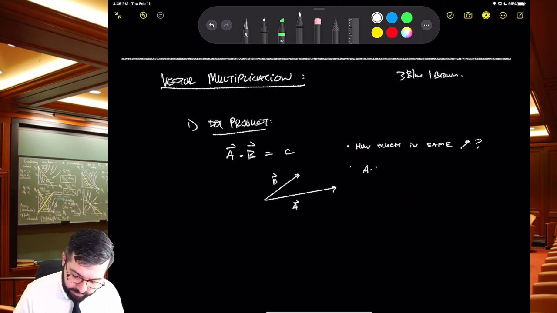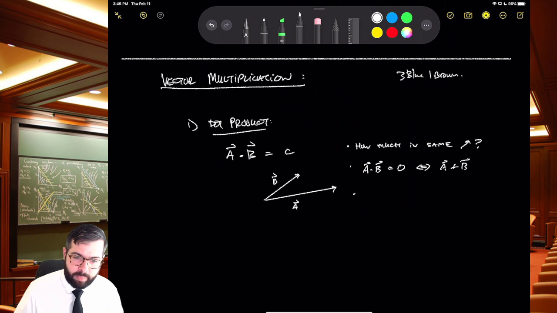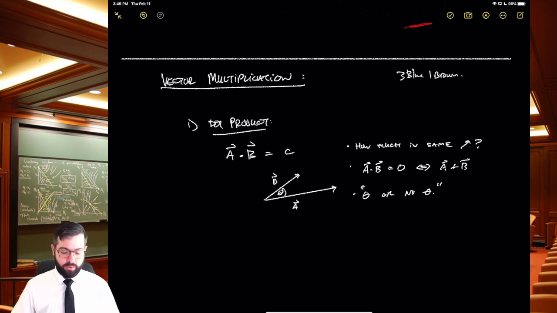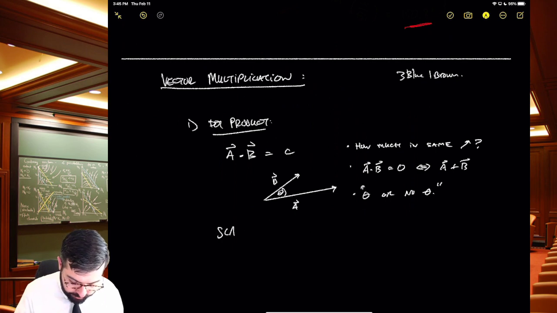It told us that the dot equals 0 if and only if A is perpendicular to B, which is really nice. And it's nice with theta or no theta. We can do a lot. And it ends in a scalar.